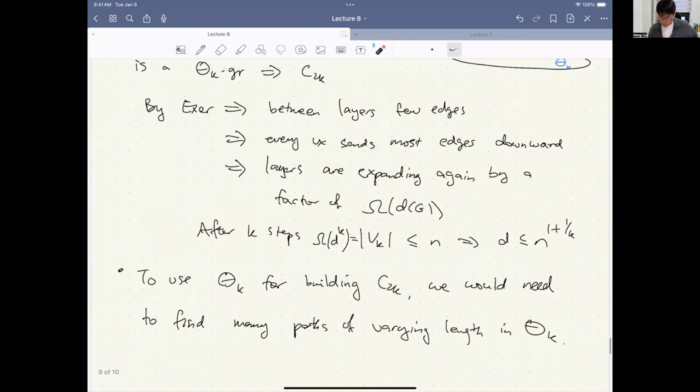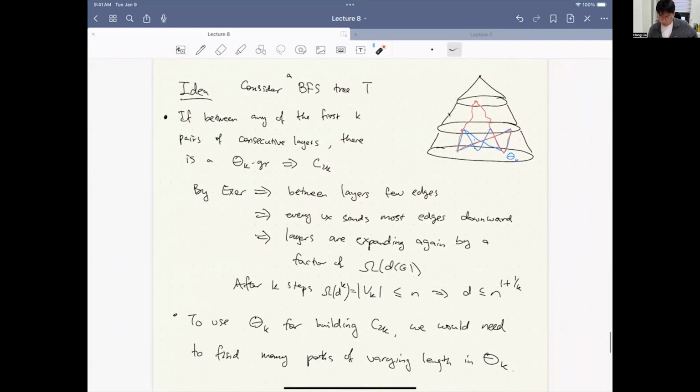Okay, putting everything together, we again do this BFS search. You start with a vertex in your graph, find all the vertices of distance 1 from it, find all the vertices of distance 2 from it, distance 3, and so on and so forth, exhausting all the vertices. The observation now is that between any consecutive layers, let's say this graph is bipartite, so there's no edges inside a layer, right? So between any two consecutive layers, we shouldn't have theta k there.